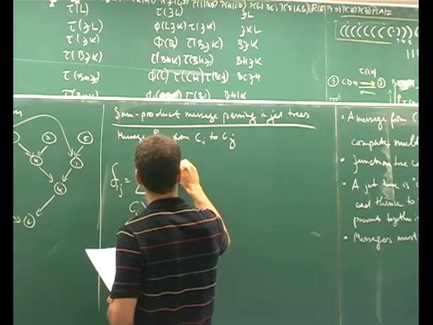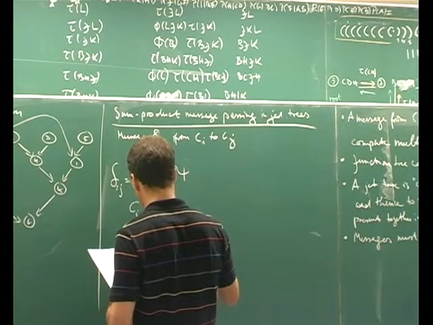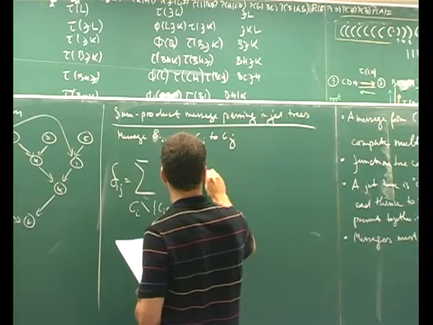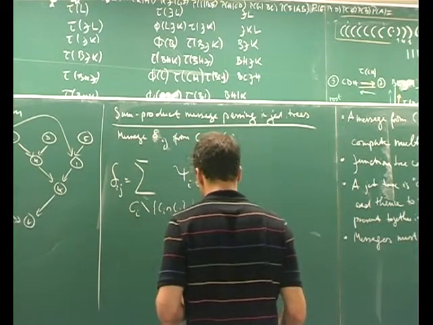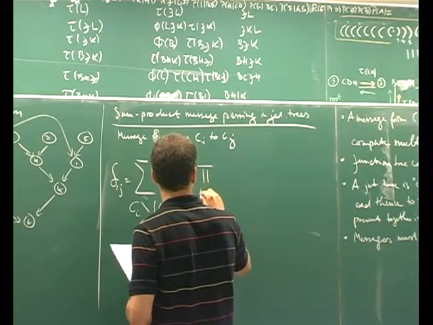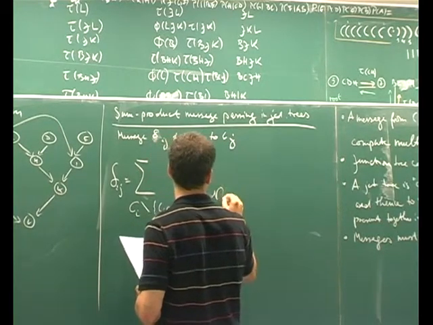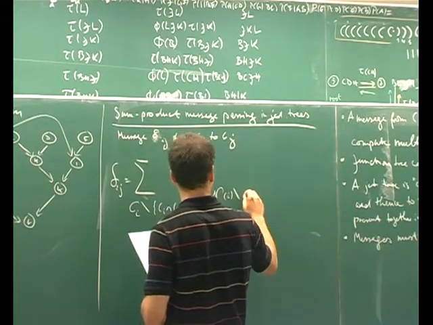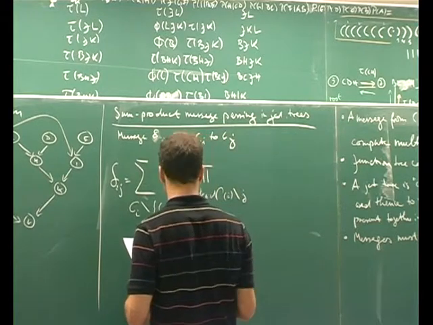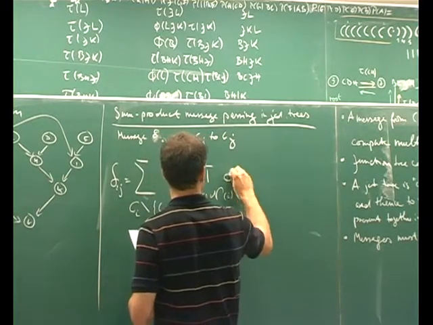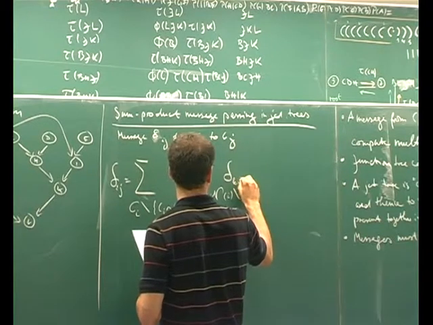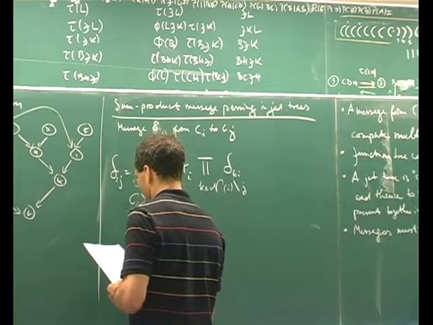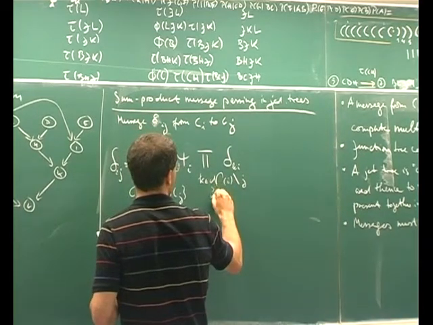And then we have a product of what I called the native potential times all the incoming messages. So we have a product over all the neighbors of node I except node number j, and then a product over all the incoming messages into node I. So this is the neighbors.